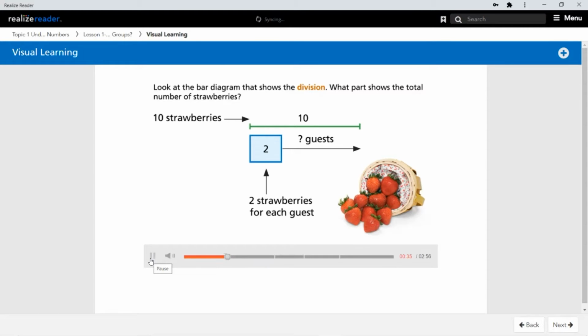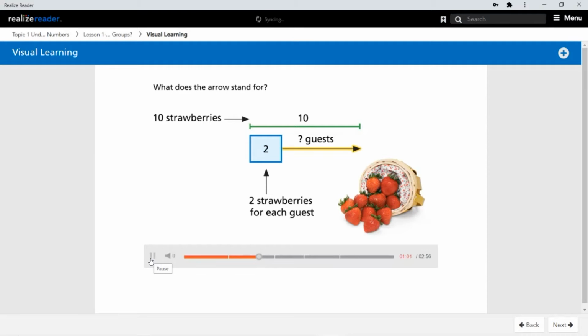What part shows the total number of strawberries? The line above the bar shows the total. There are a total of 10 strawberries. Why is there a 2 in the box? It shows that each guest will get 2 strawberries.